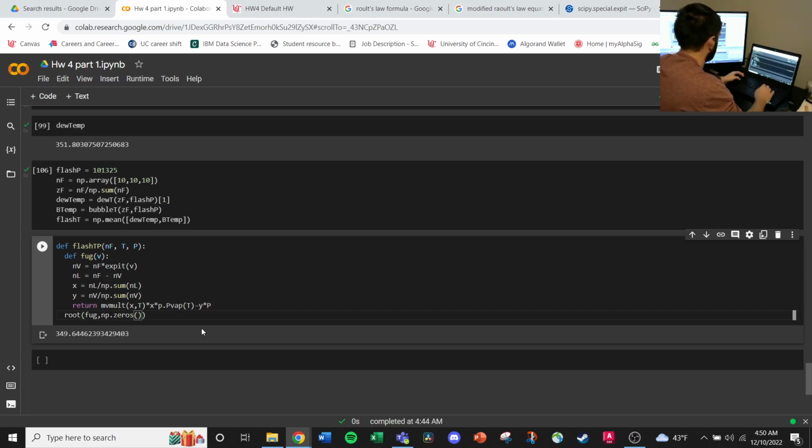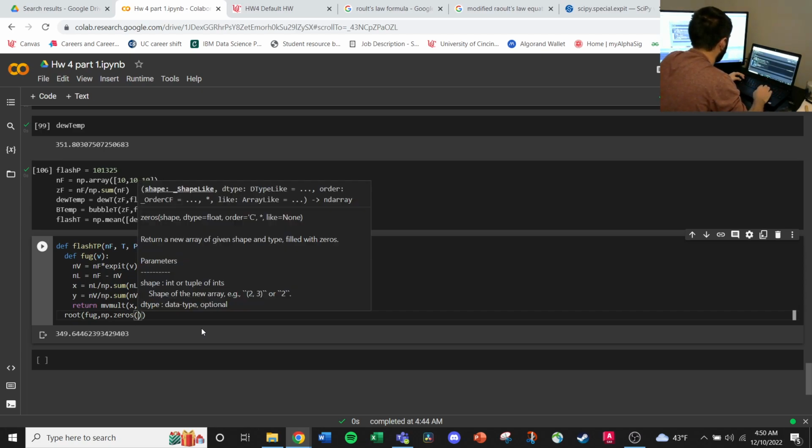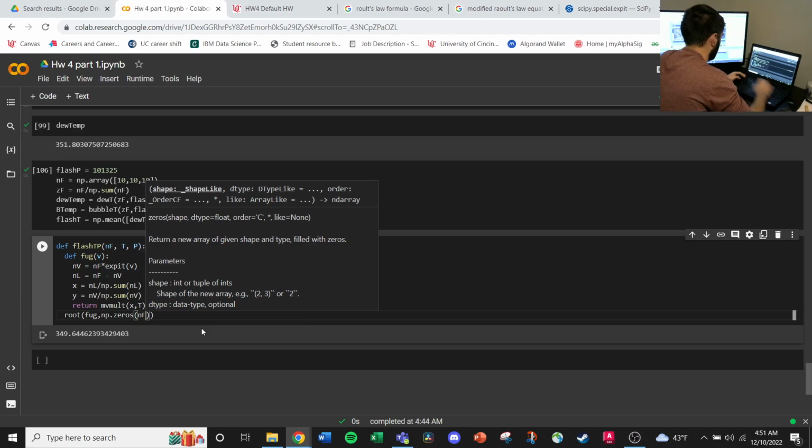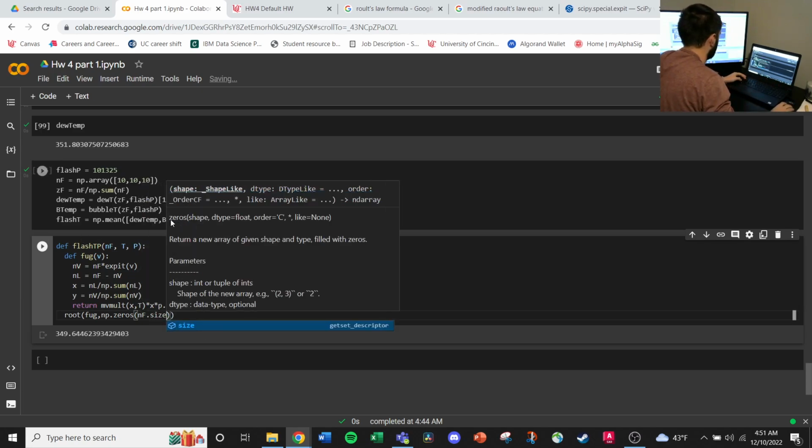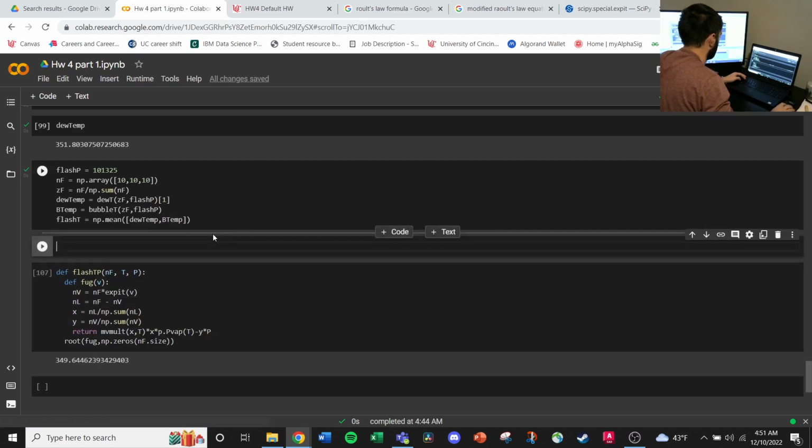And for now, since I know I have 3 components, I can just say np.zeros of 3. Now, if you didn't know, or if you had more components or something like that, I believe we could just do nf.size. I can check that if I come here.